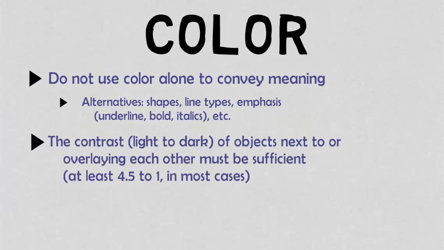Additionally, differences in contrast, light to dark, are not always easy to see. Thus, the WCAG guideline success criteria states for most cases that the contrast ratio for objects next to or overlaying each other must be at least 4.5 to 1. This includes any text over background images or text that is part of an image.